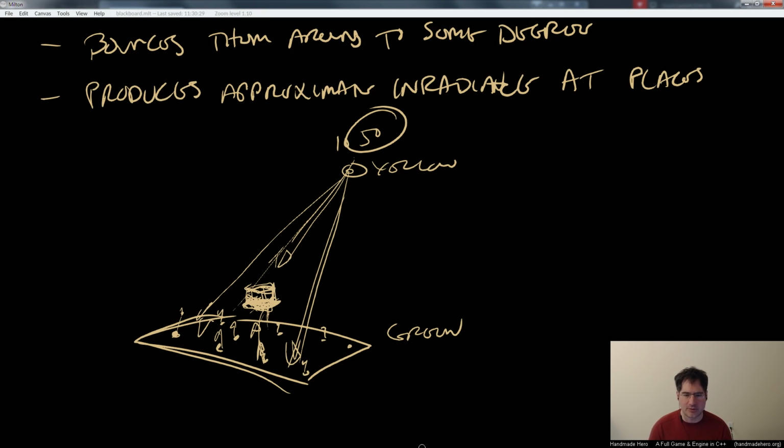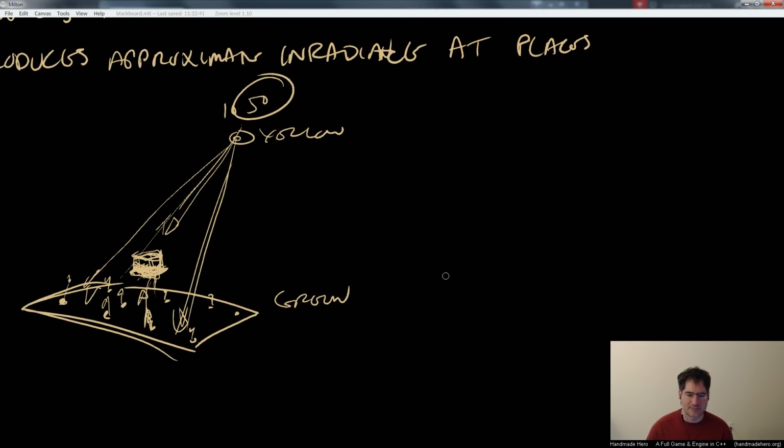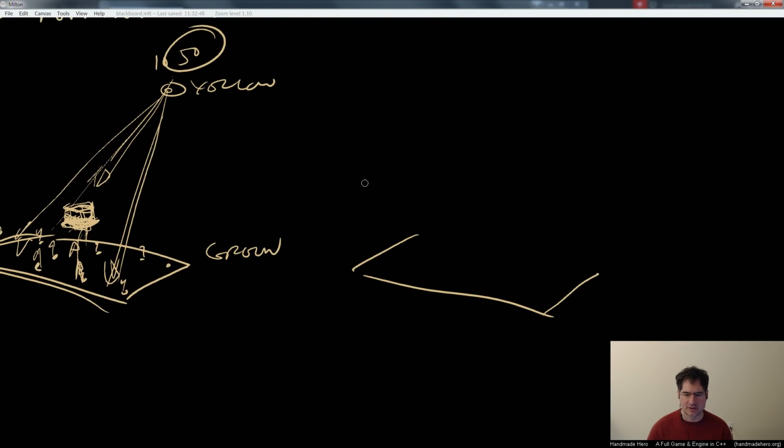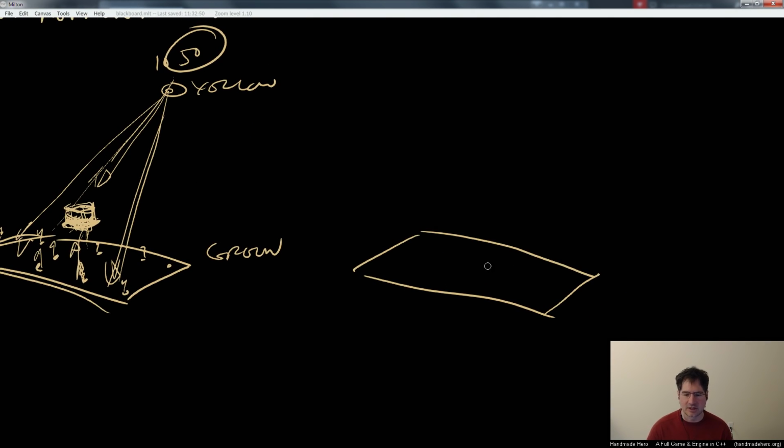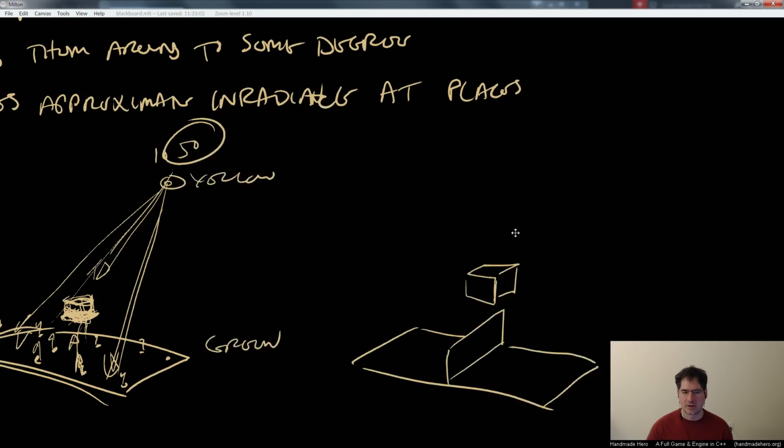So for example, let's suppose I did something slightly more complicated, but still not particularly unusual, so you can easily imagine the scenario in which it exists. Suppose I have something that's just a simple fin here, and then I'm talking about the lighting on the cube with the sun.